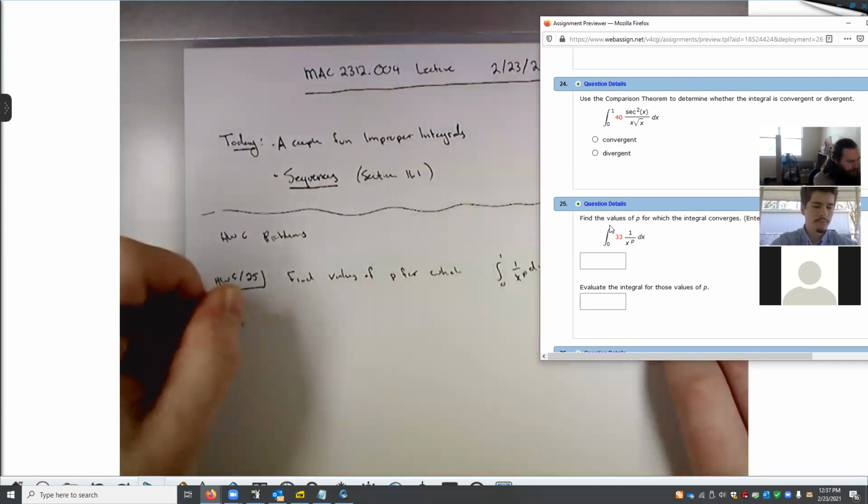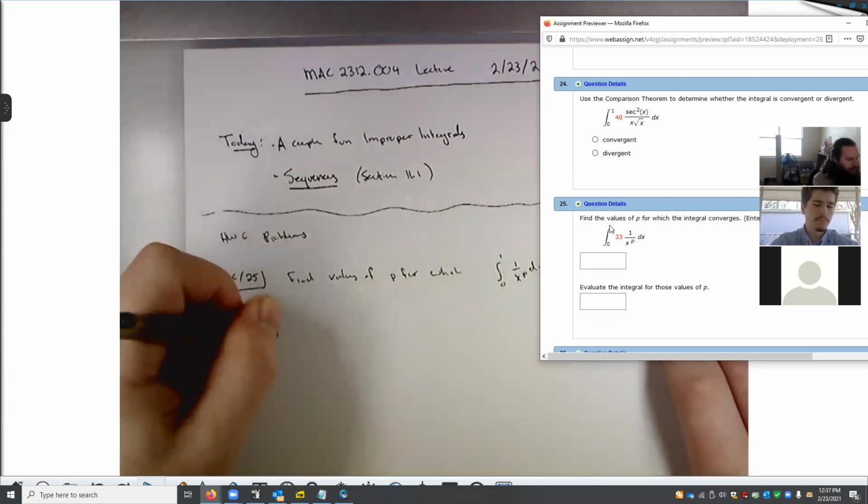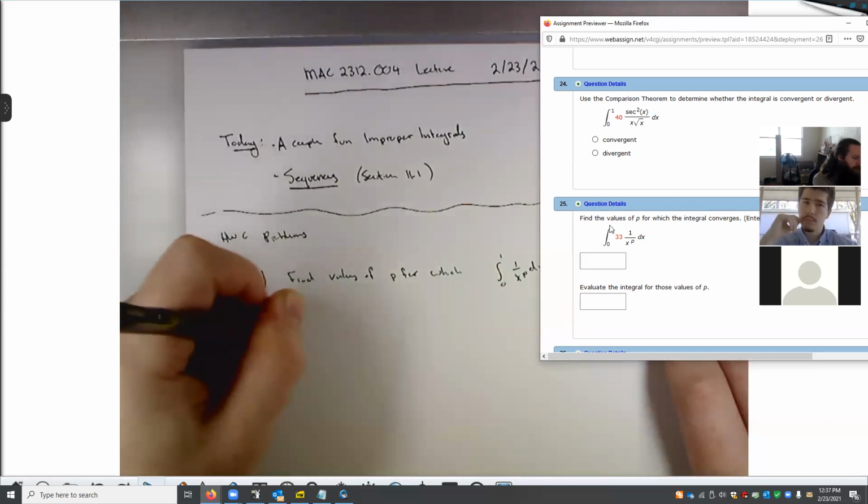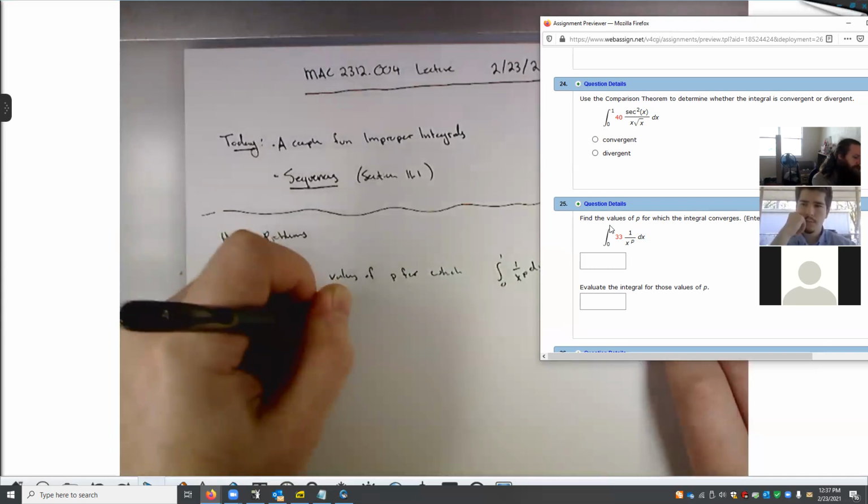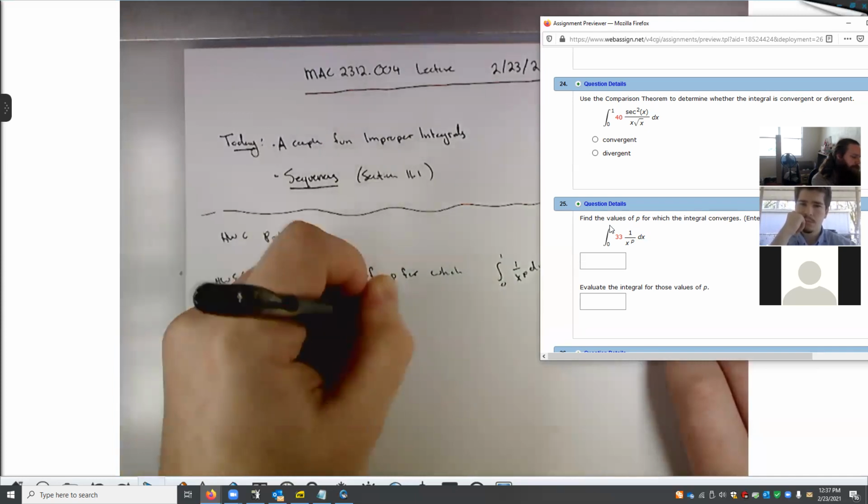And I want to make the note here, the integral from 0 to 1 of 1 over x to the p dx is not a p integral.